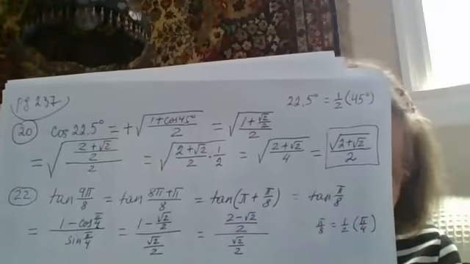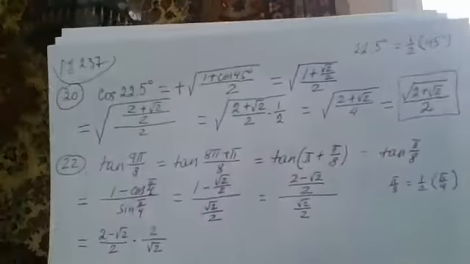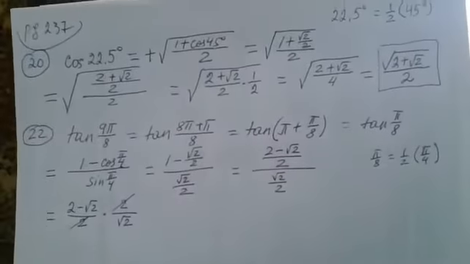We have a fraction divided by another fraction. We will replace it by 2 minus square root of 2 over 2 times the reciprocal of the bottom fraction. You don't have 4 levels anymore. You can cross out the 2's, and you are getting 2 minus square root of 2 over square root of 2.